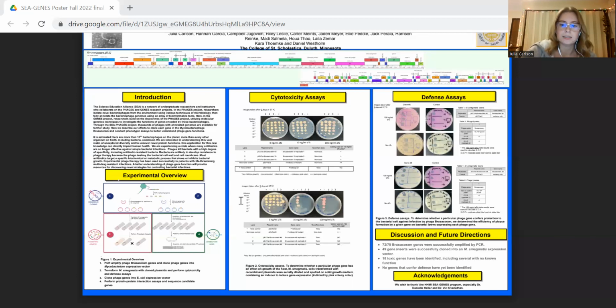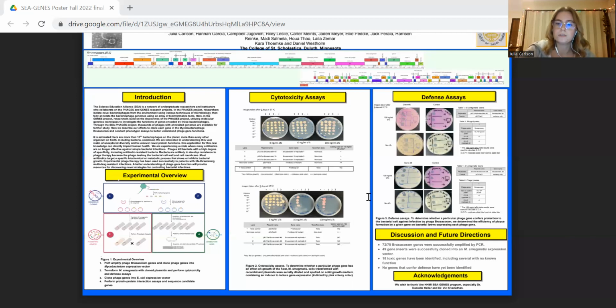With significantly less plaque growth on the plates containing the 10 ATC and the 100 ATC, we could conclude that gene 46 was toxic to the M. smegmatis host. However, there was a prominent pink color in the second plate here and third over here in the plaques that did grow, so we could conclude that expression occurred.